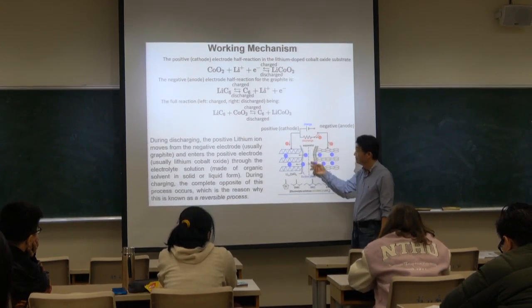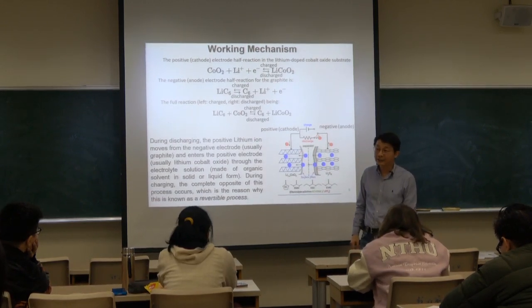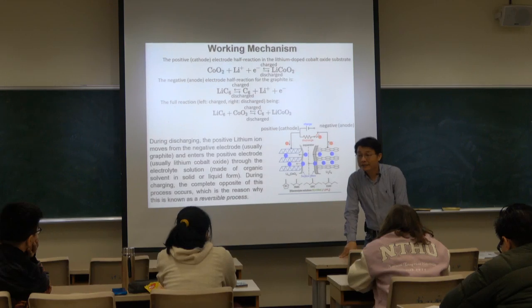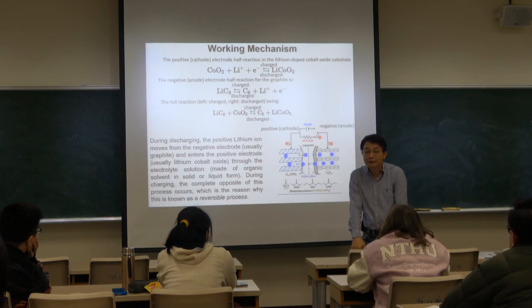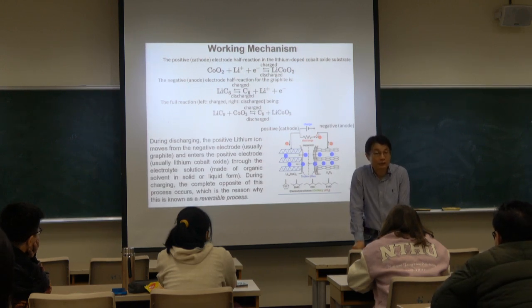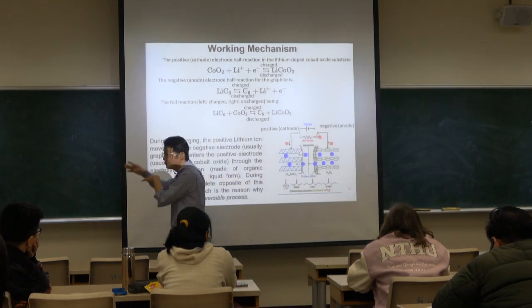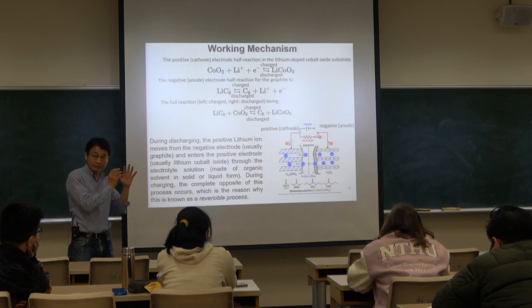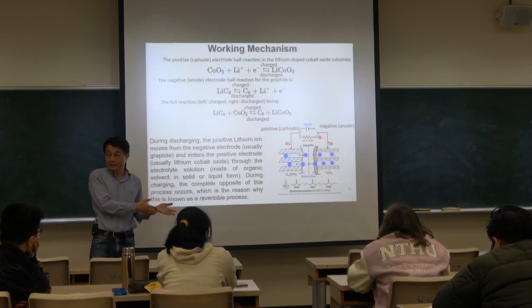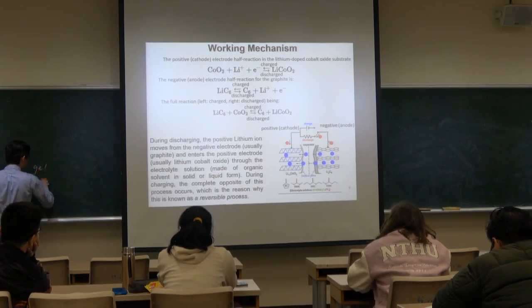Most batteries are using liquid electrolytes, just as we mentioned in chapter 6 with the dye-sensitized solar cell, which uses a liquid. Ion transfer in liquid is easier than in solid or gel-like, like a jelly.